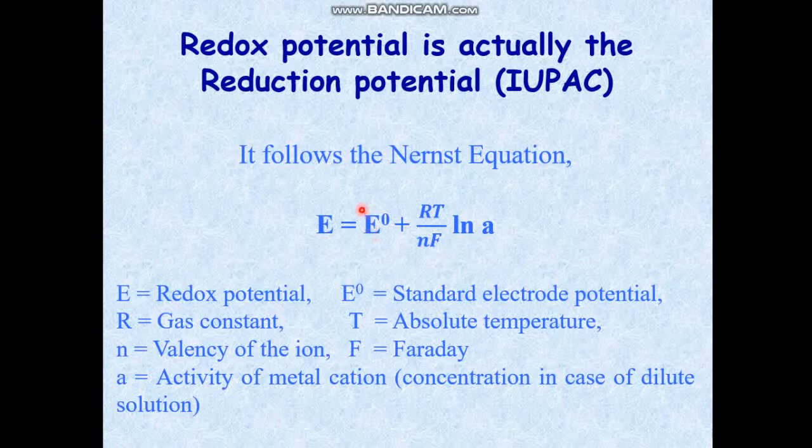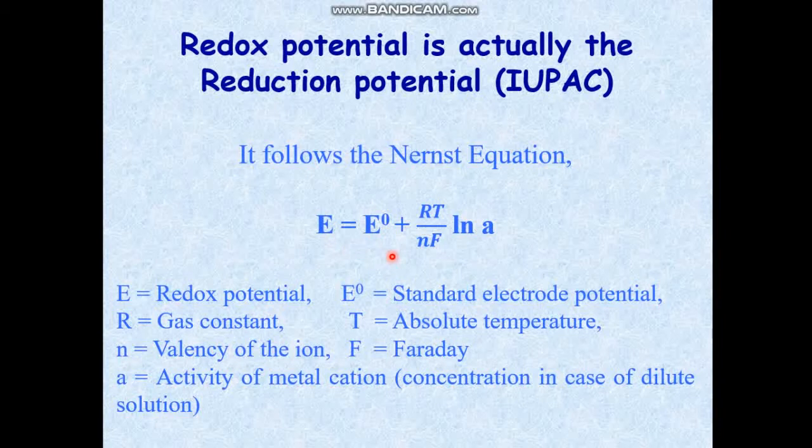While what about the terms E and E0? Okay, so E and E0 are the redox potentials of the species which is involved in the reduction or oxidation reaction. E0 is the standard electrode potential, while E is simply the redox potential.